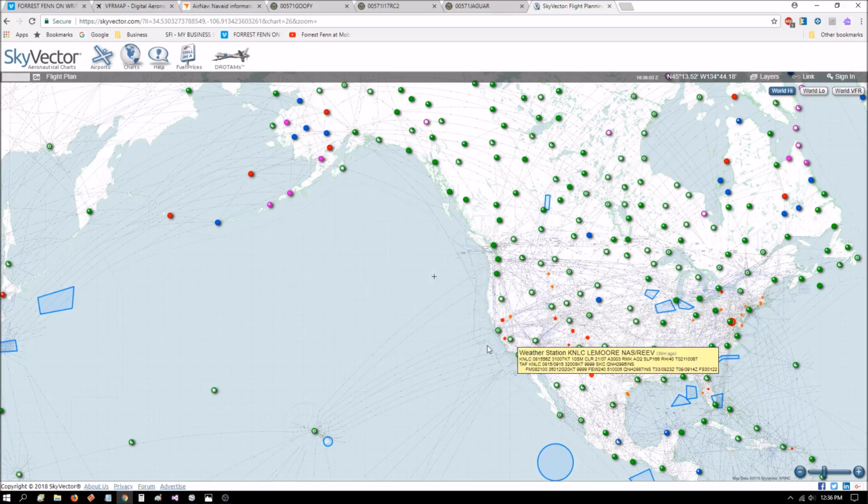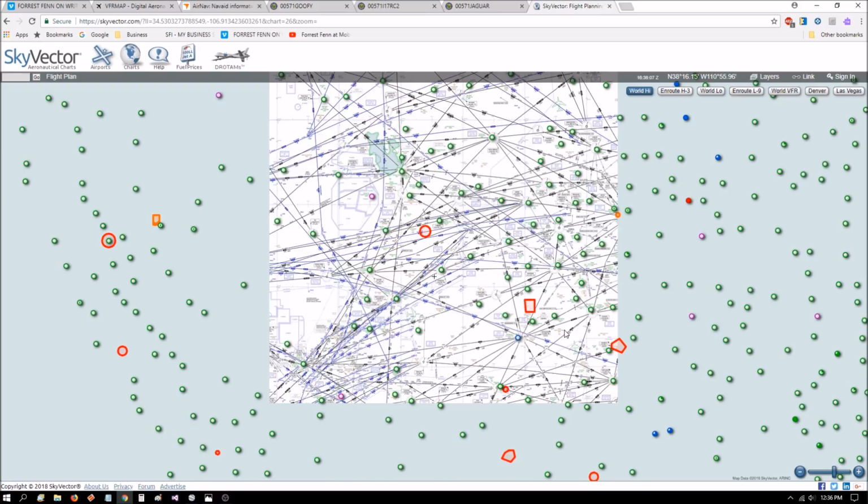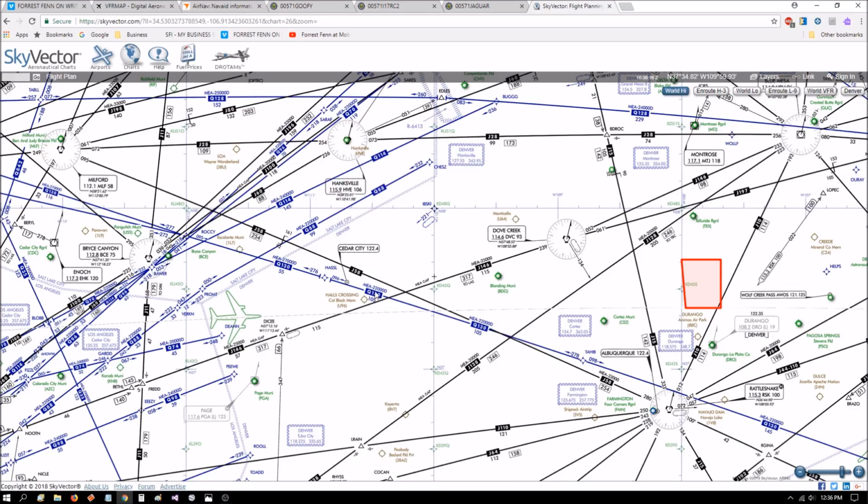These, of course, go across the ocean here. But as you'll see, they're all named. All of them are named. This is 130, J58, Q88, or Q130. So as you can see, things aren't random in the sky.